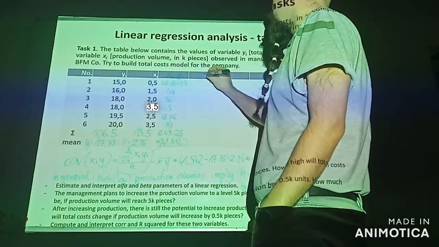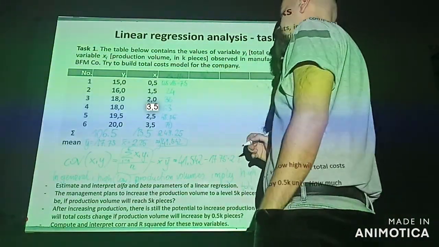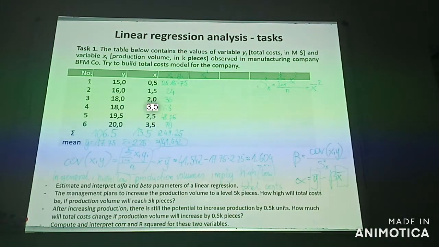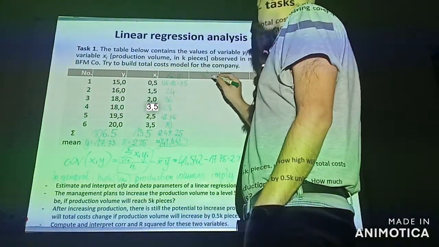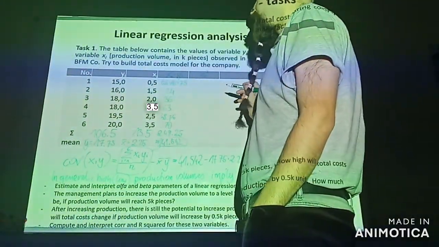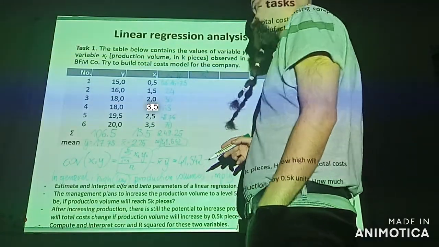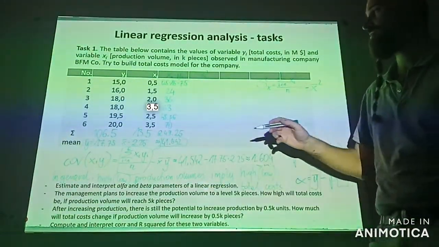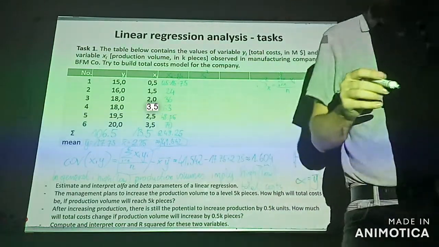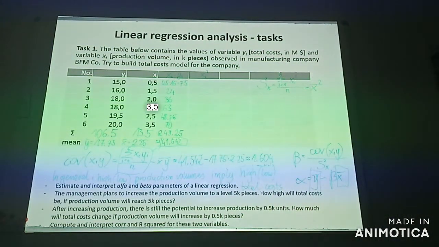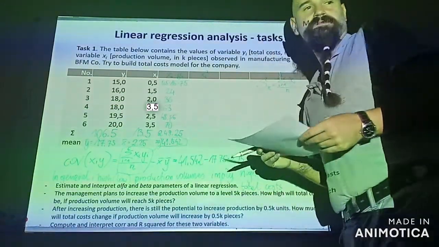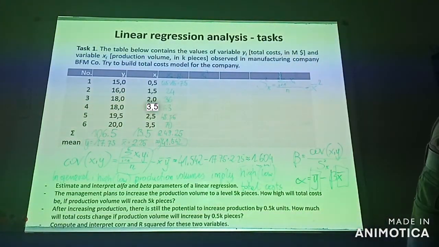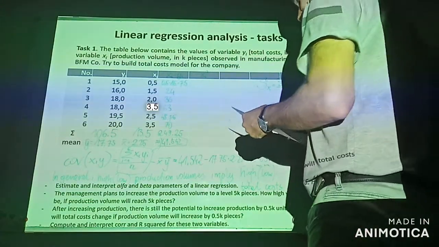Okay, we construct the next column. The title of this column is xi squared, and we calculate squares of the values of x. And here we have the following squares.